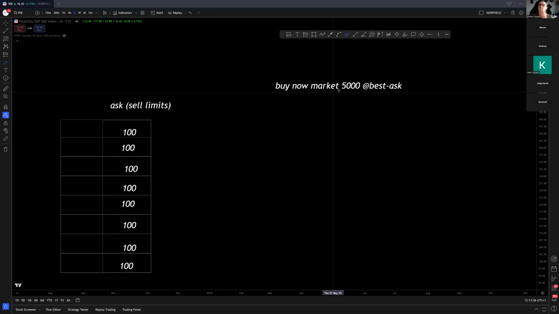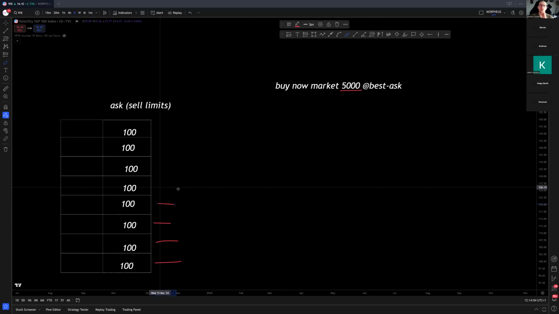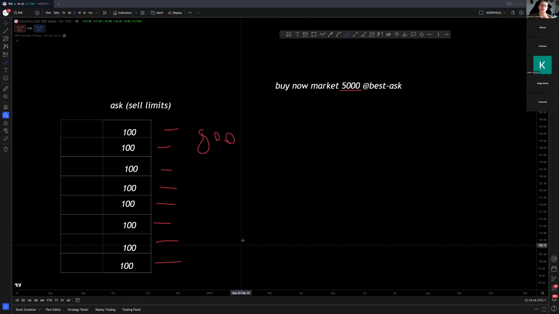If you want to buy 5,000, you're going to need to fill 100 here, 100 here, 100 here, 100 here, 100 here, 100 here, 100 here. And only with these orders, we filled 800 contracts. By the way, 100 is around the average size you see in the book of the S&P 500 ES E-mini contract.